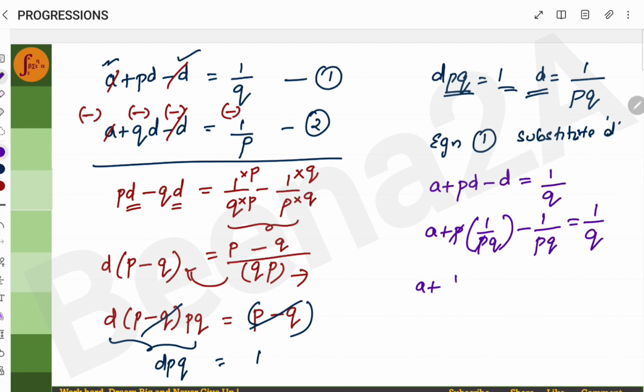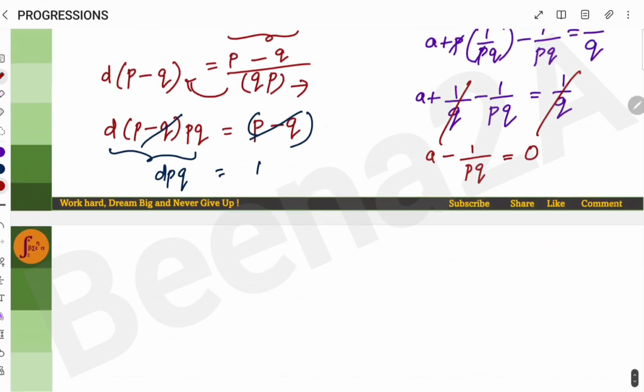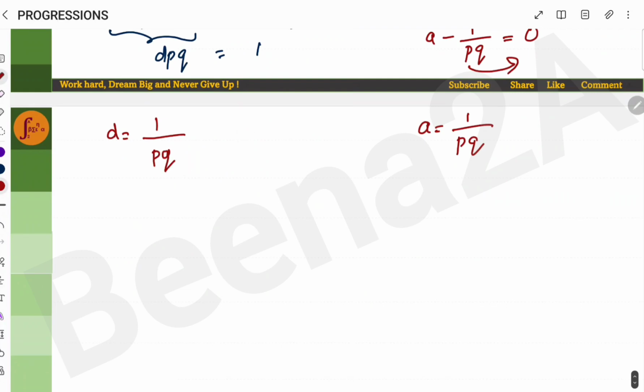So I'll get A plus 1 by Q minus 1 by PQ is equal to 1 by Q. Now 1 by Q here, 1 by Q will get cancelled. So I'll get A minus 1 by PQ is equal to 0. So this means A is equal to, I'll shift this here, it will become 1 by PQ. So D is 1 by PQ. A is also 1 by PQ.